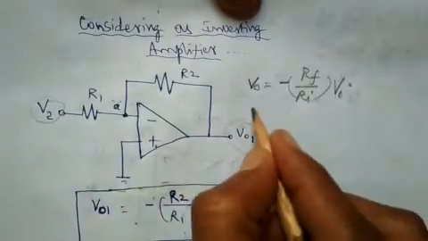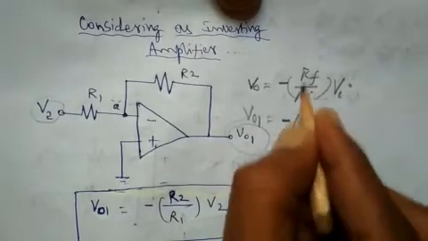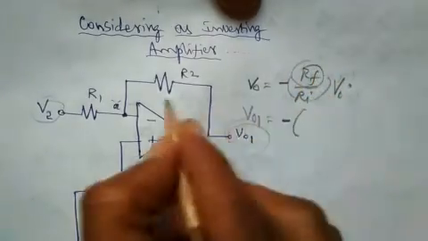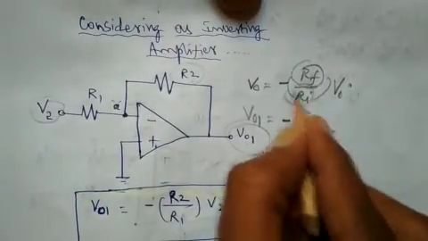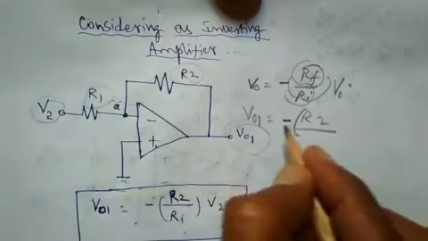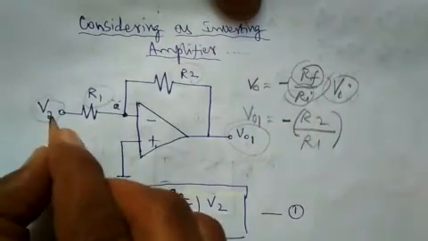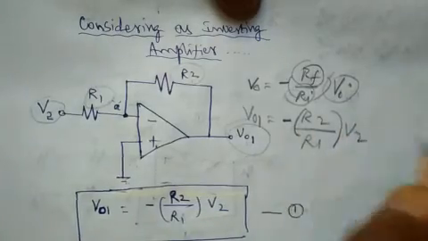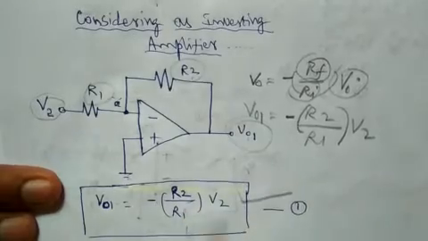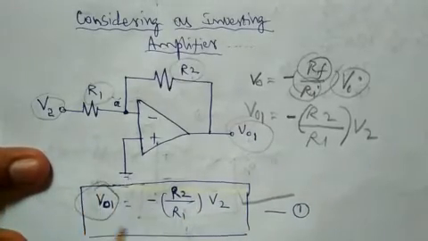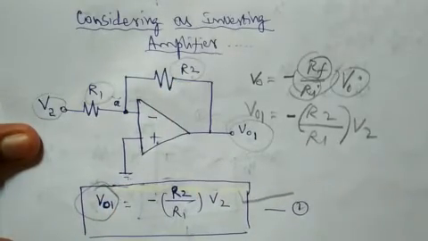Here Vout1 equals minus feedback resistance, which is R2, divided by input resistance, which is R1, into Vi. For this circuit, the input is V2. So Vout1 equals minus R2 by R1 into V2. So we have found the output by considering the differential amplifier as a pure inverting amplifier. We name this equation 1.